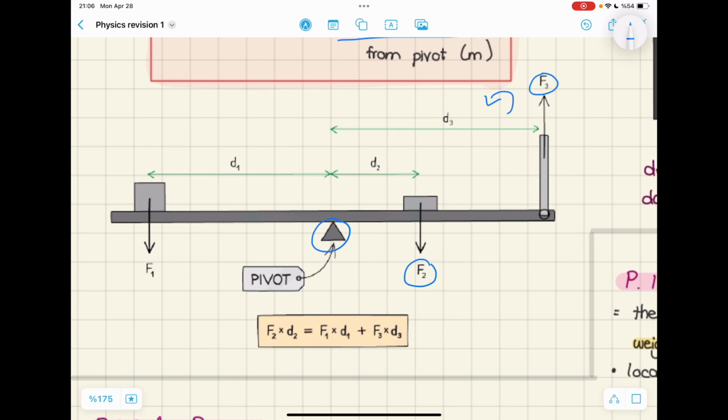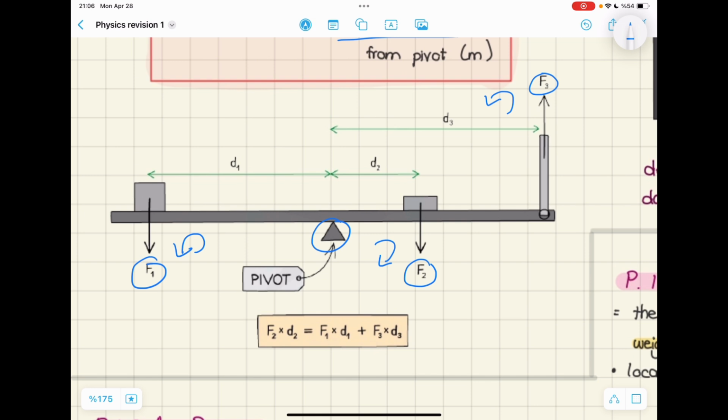F2 will try to push down, and it will have a clockwise effect. And F1, how will it act? Like this. So you see that F1 and F3 are compatible. They both want to tilt the whole system to the left.